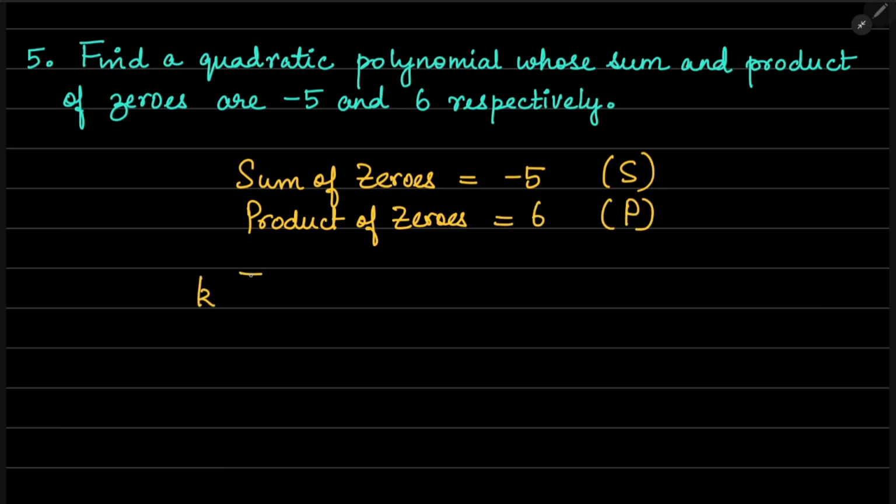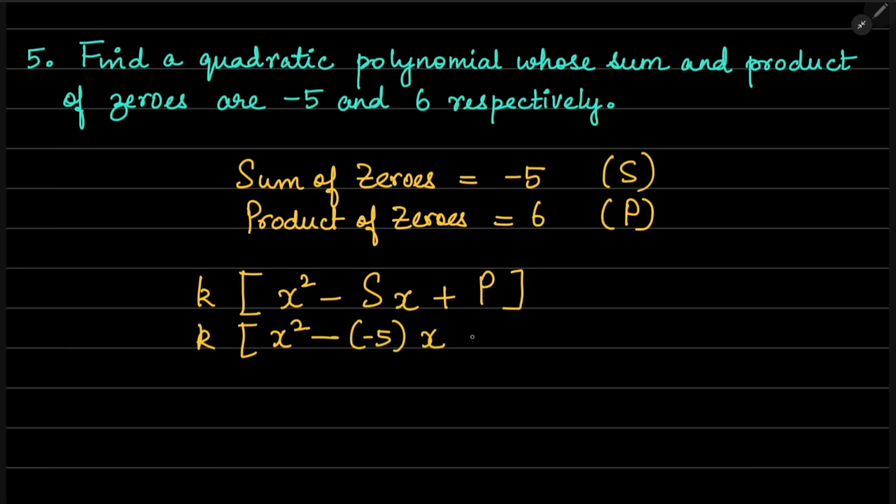So what is the formula that we learned? If you know the sum and the product of zeros, we can easily write a quadratic polynomial, which is k multiplied by x square minus sum of zeros into x plus product of the zeros. Just substitute the value: k multiplied by x square minus sum is minus 5 into x plus product of the zeros 6.